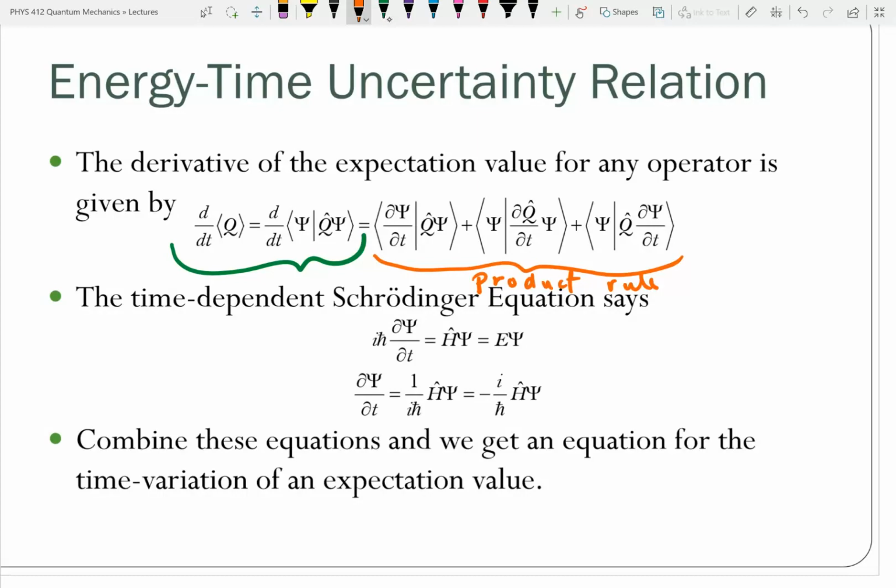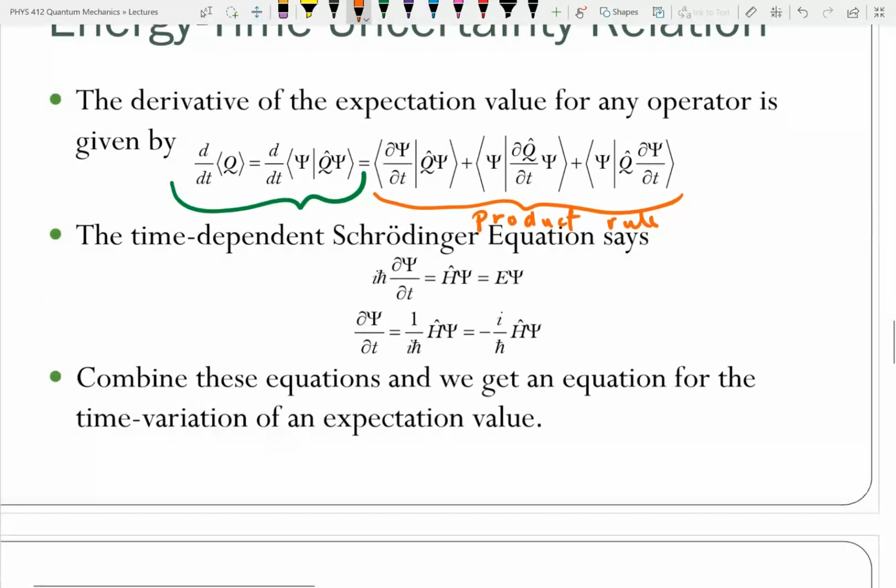So we're just using the product rule, taking the partial derivative of each part there. And so now I have an equation for the time variation in an expectation value. We're not leaving that. We have something from the Schrodinger equation that will relate this and this.